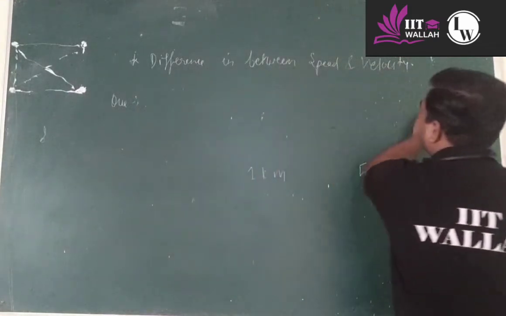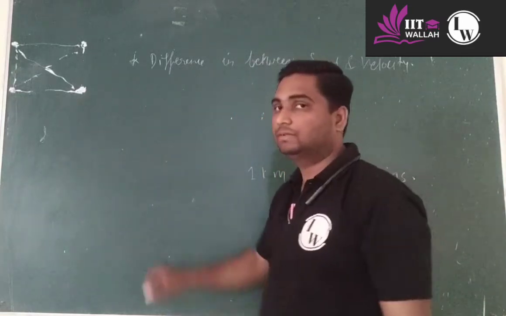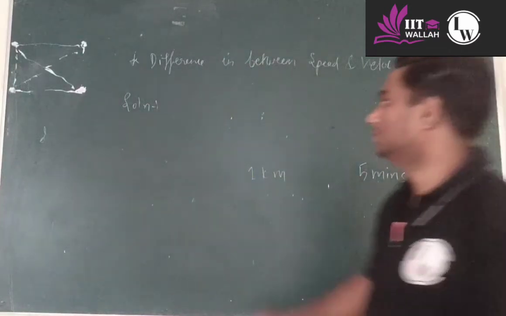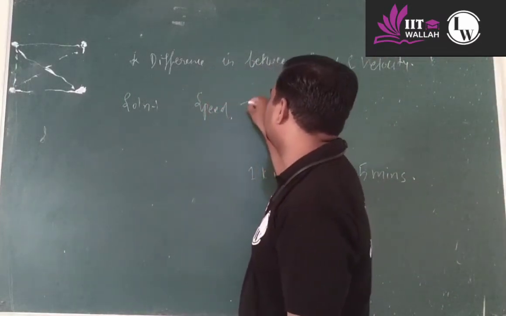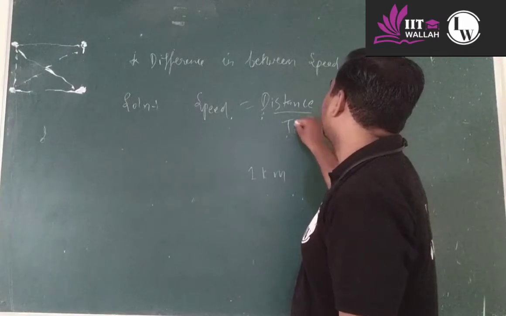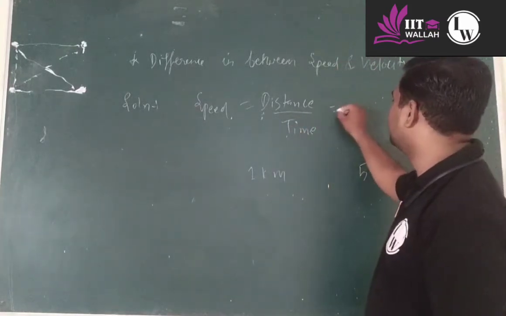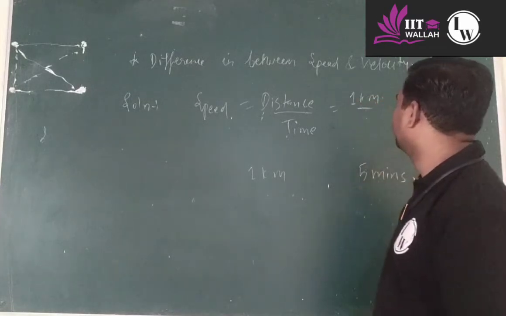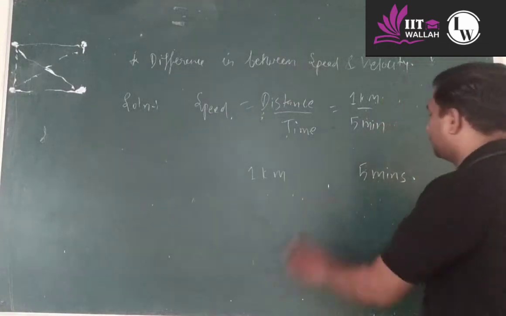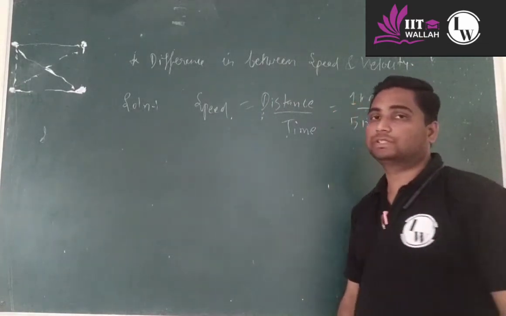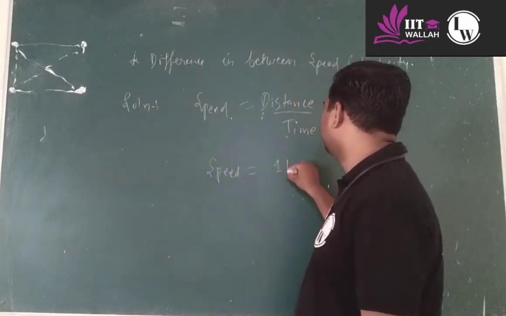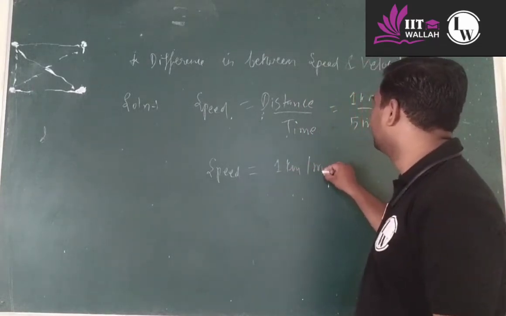Now see the solution of this question. You know that speed is equal to what? Distance upon time. And distance is 1 kilometer, and time is 5 minutes. Now, if nothing is mentioned in the question, you can write speed is 1 kilometer per minute.